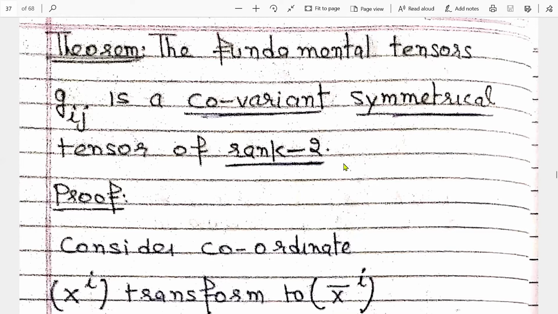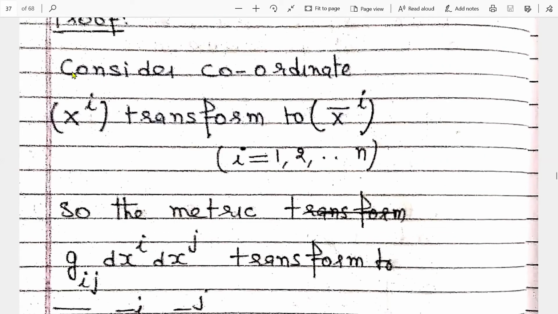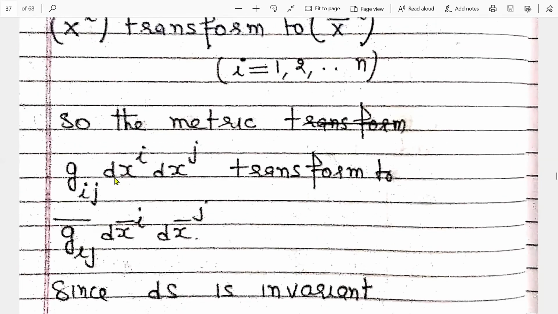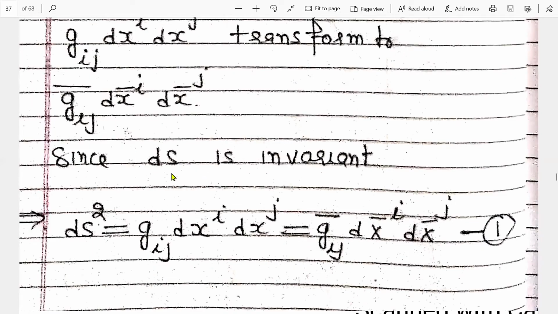So, first result. Now consider the coordinates xi transformed to x bar i. In this coordinate system, the metric is gij dxi dxj, which is transformed to gij bar dx bar i dx bar j. Since ds is invariant in any two coordinate systems, both equations are equal.